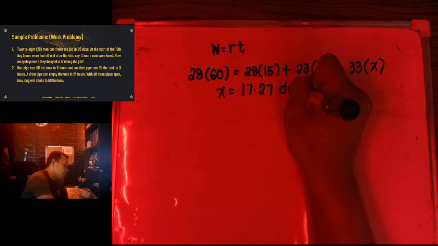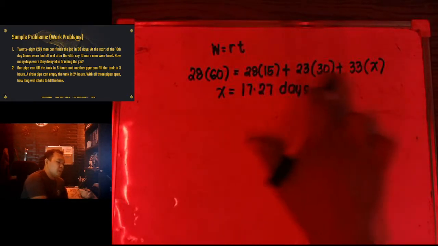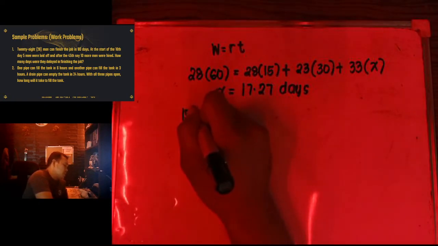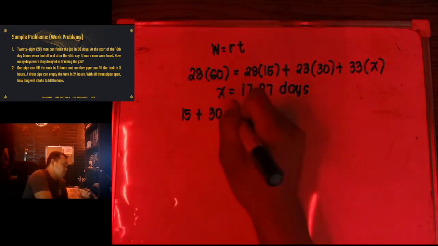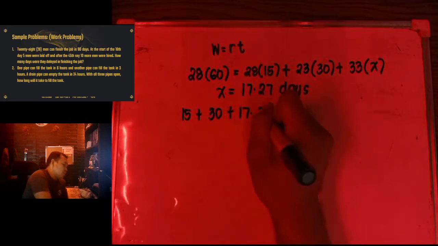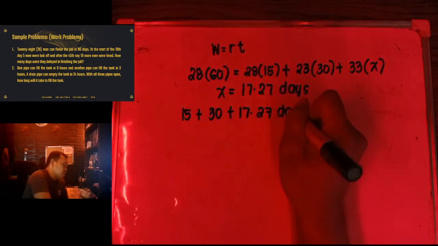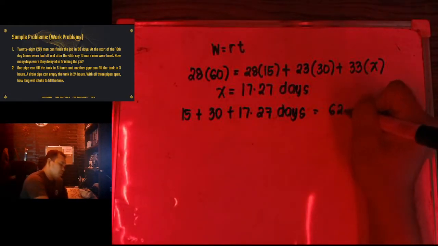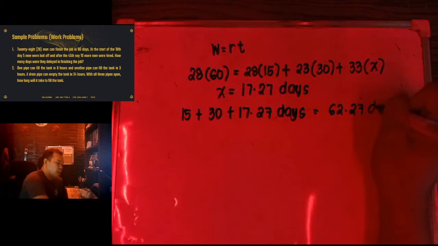days. Okay. Ngayon, pagsamahin natin yung araw na to. So, we have here 15 days plus 30 days plus 17.27 days equals 15 plus 30 plus 17.27 is equivalent to 62.27 days.